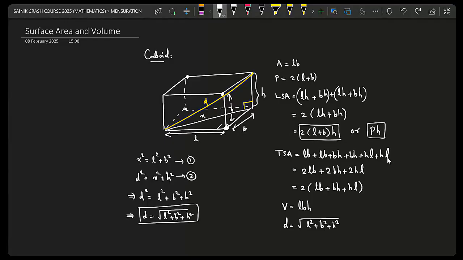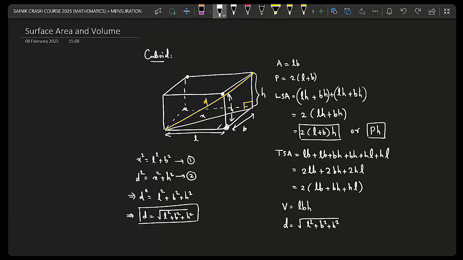Add the areas of all the 6 faces, then you're going to get the total surface area. So this is about the cuboid formulas. Rishika, do you have any doubts? Sir, what does LSA mean? LSA means lateral surface area. Lateral surface area means only the side walls we are going to add. Okay, next we are going to discuss the cube.